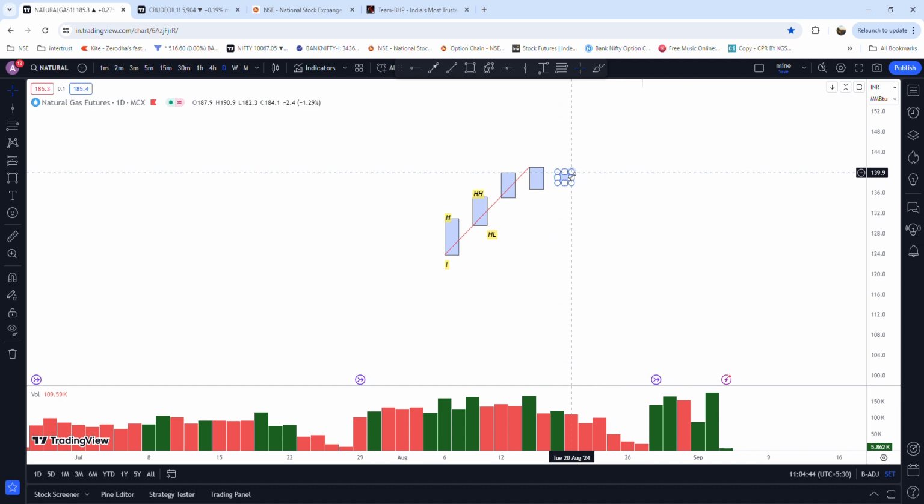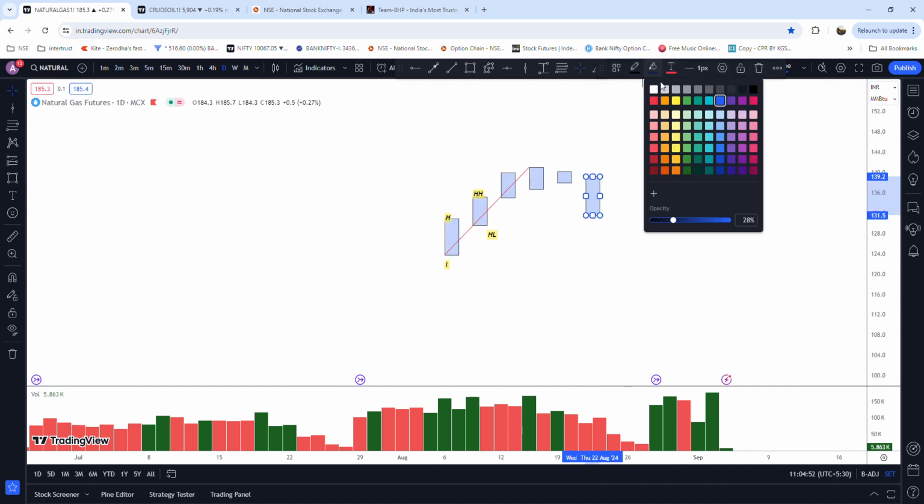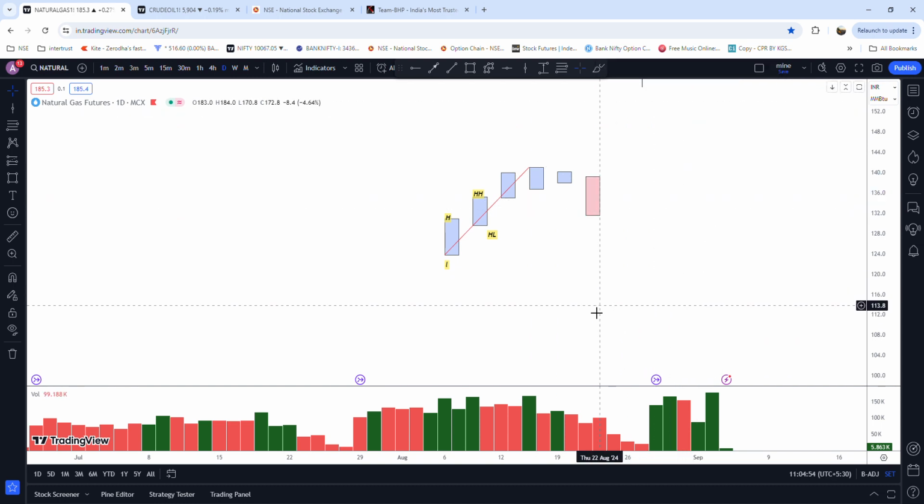Now the very next candle, if it opens here and closes here, forms a red candle. The high is here, the low is here. This high is lower than this high.